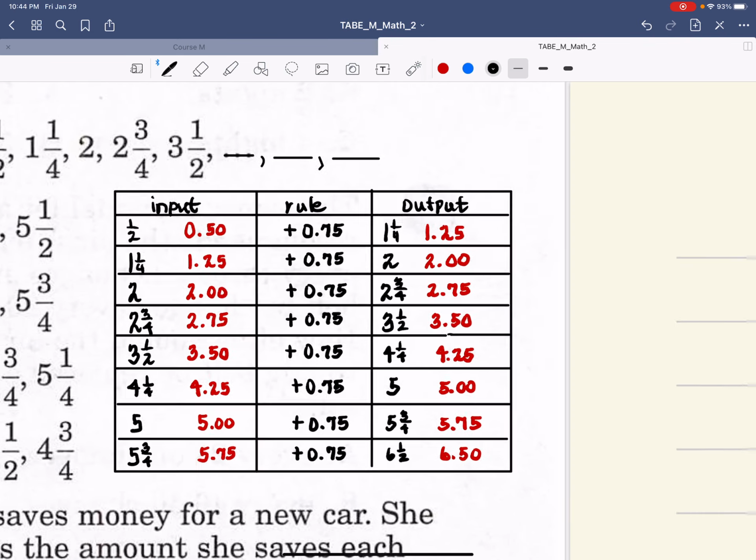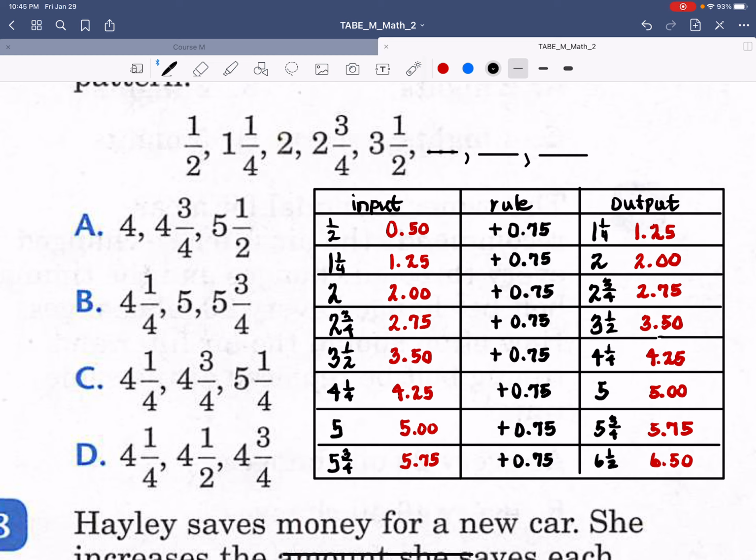So the next 3 numbers after that 3 1/2 are 4 1/4, 5, and 5 3/4. So for this one, I really like answer B. That's a tough one.